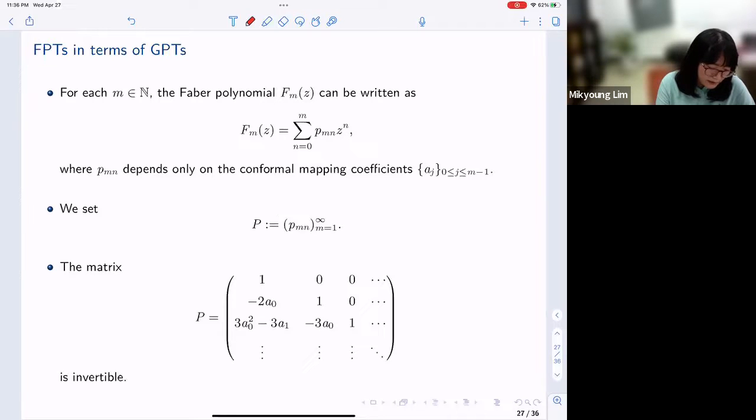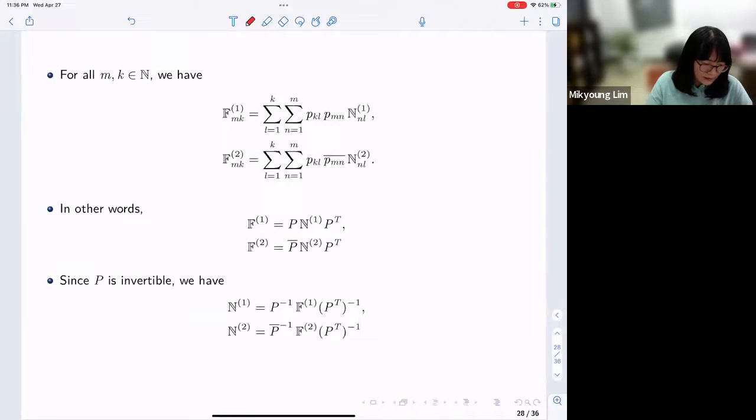So when you take the quotient, the diagonal entry is constantly 1, and it's a lower triangular matrix. The FPT has an expansion in terms of GPTs, and using the matrix P, F1 is P times N1 P transpose, and F2 is P conjugate N2 times P transpose.